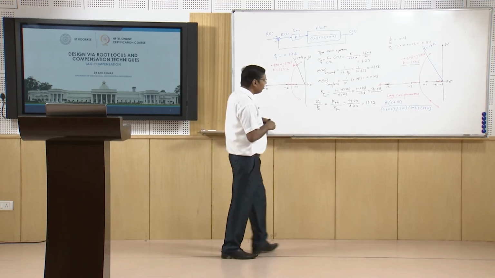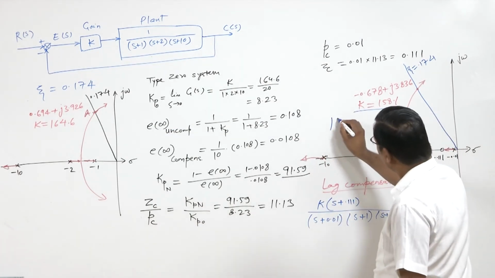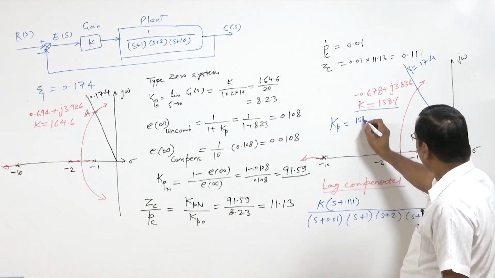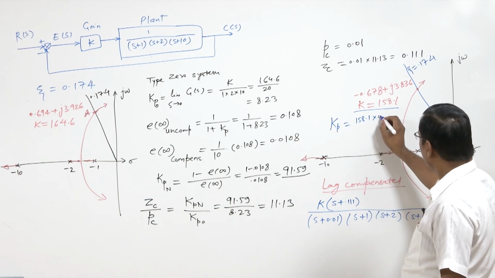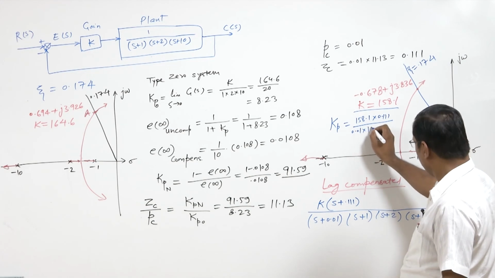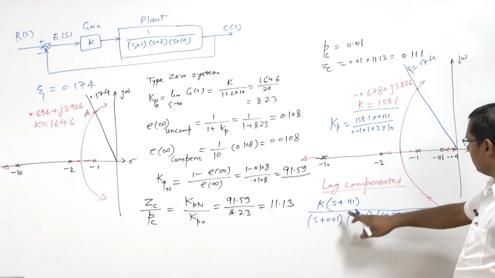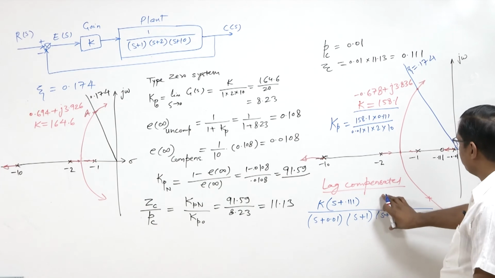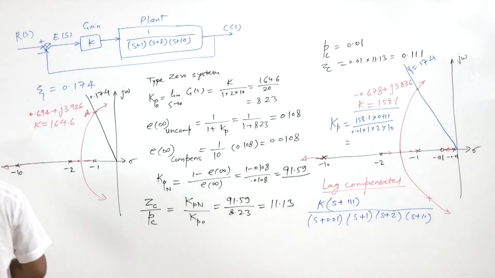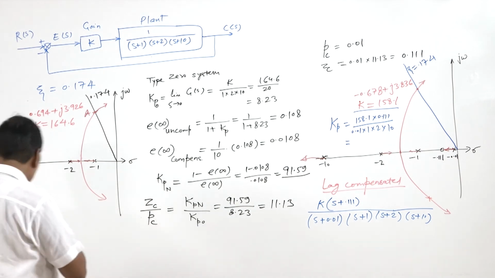And if we find the value of Kp for this system, Kp equals 158.1 into 0.111 by 0.01 into 1 into 2 into 10. This is Kp when S tends to 0. We can calculate this value and we will get that this value of Kp is 9.818.